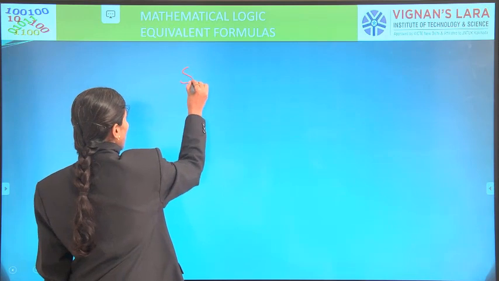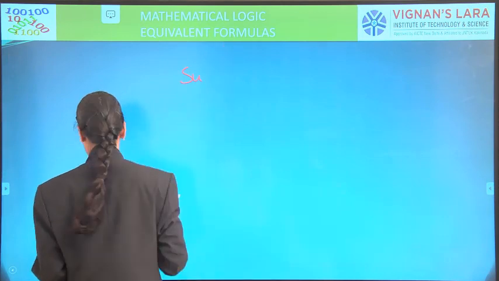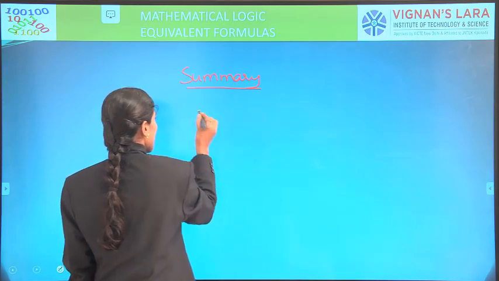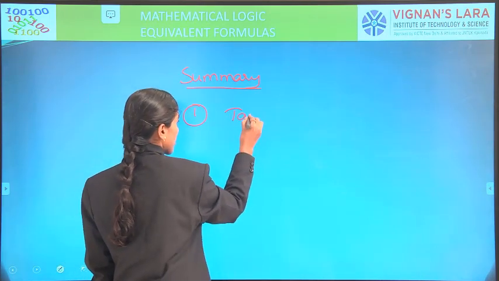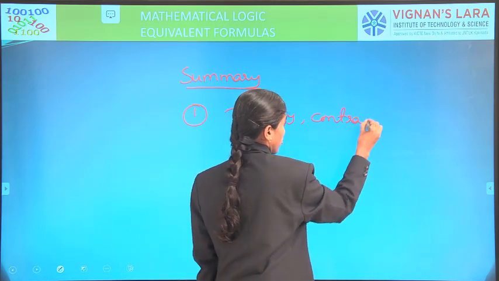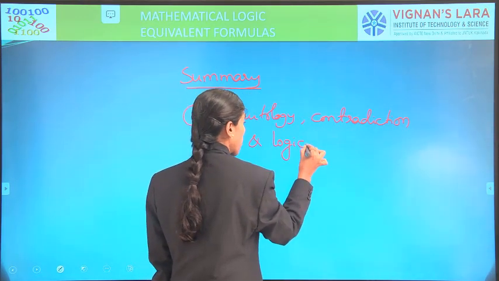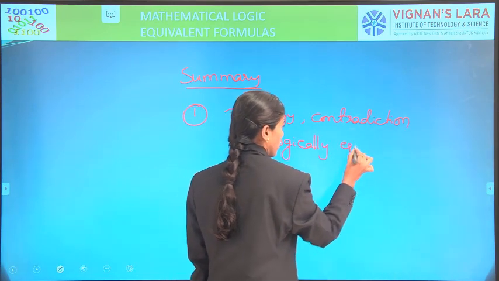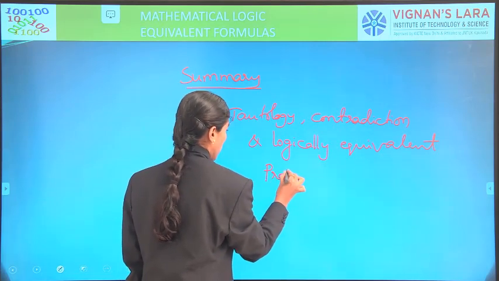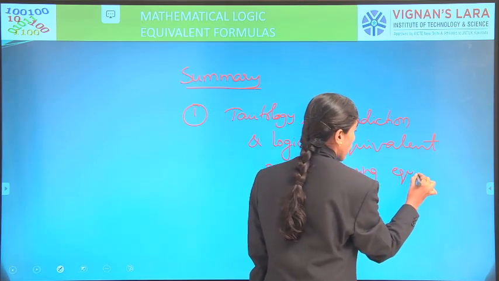So what is the summary of this class? Summary is, first, in this class we discuss tautology, contradiction and logically equivalent problems using equivalence formulas.